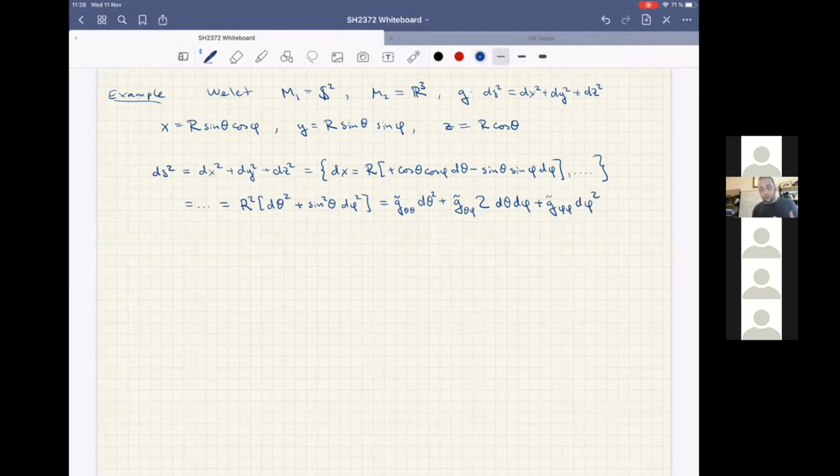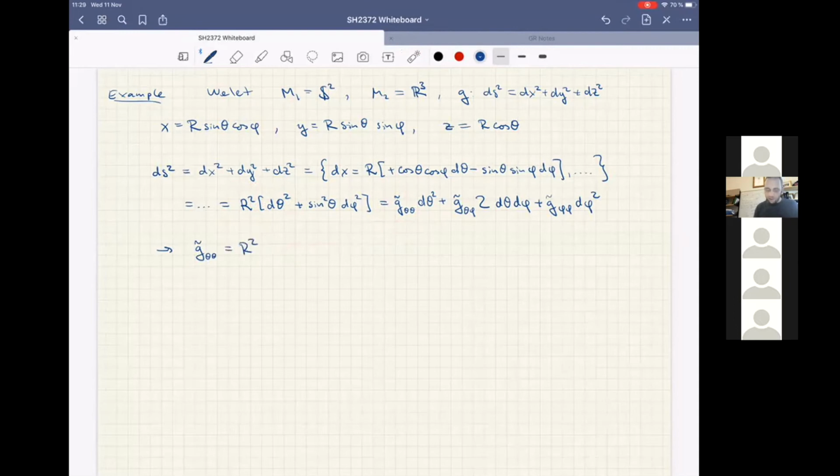So what I can do now is identify the components of the induced metric tensor. g tilde theta theta is whatever coefficient multiplies d theta squared on the left-hand side, which is r squared. So g tilde theta theta is equal to r squared.